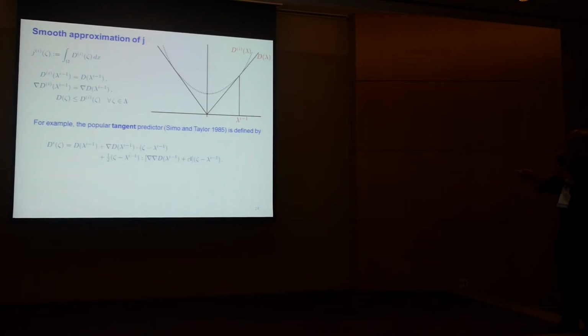So the solid line there is d, or think of the integrand d, which is a cone, and the approximation d_i has the same value as d at the previous iterate. The gradients have the same value as well, and the cone is always below its smooth approximation. It doesn't have to look like that, by the way.